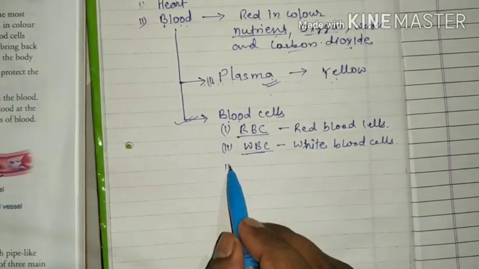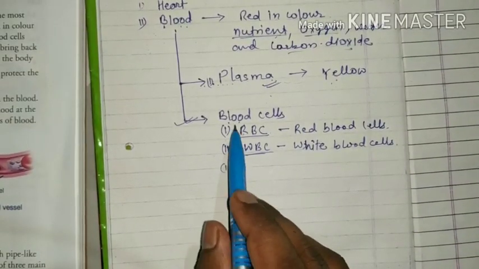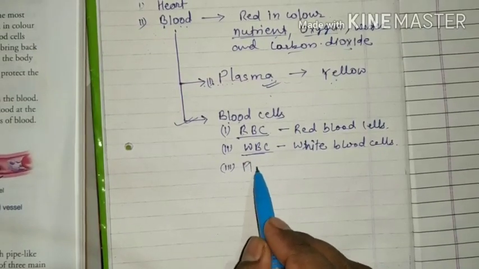And the third component of blood cells is platelets.